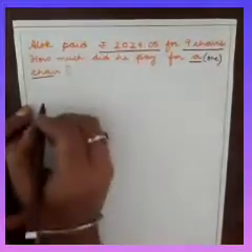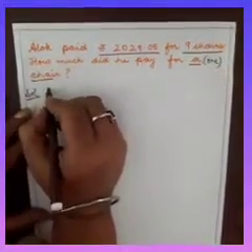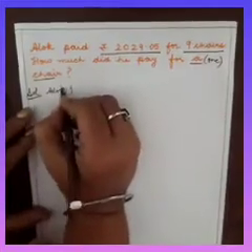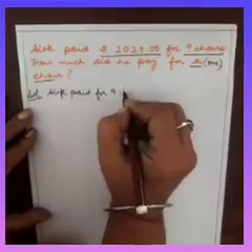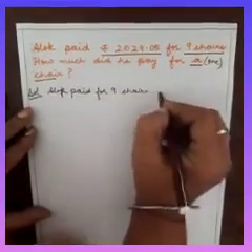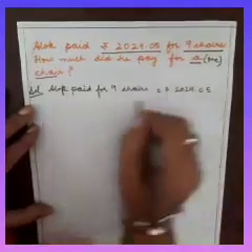So here the statements that you can make is Alok paid for 9 chairs. That is rupees 2029 and 5 paisa.